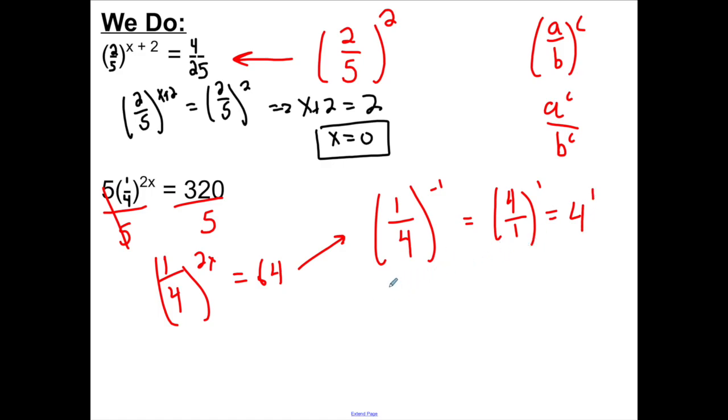So now I got to think about, okay, well, 1 over 4 to the power of negative 2 equals, remember you flip it, and then you make the exponent positive. So it's 4 squared, which is 16.